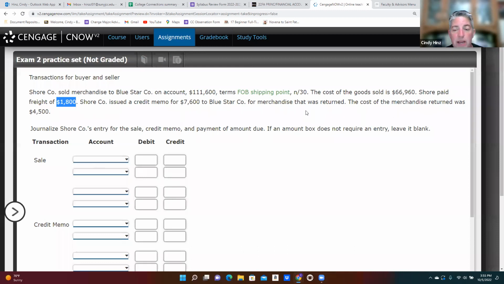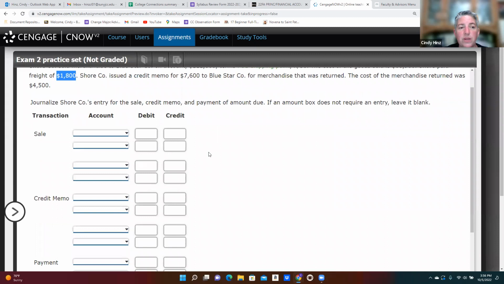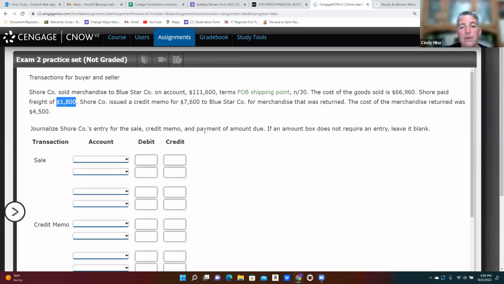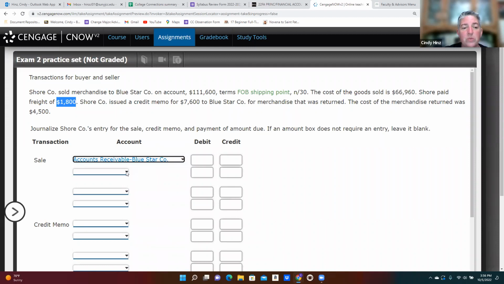And our first task here in these first few journal entries is to record Shore Company's sale, credit memo, and the payment. So we are the seller. As we saw in the previous exercise, to record the sale is going to take 2 entries. We made the sale on credit, so we're going to debit accounts receivable and credit sales.